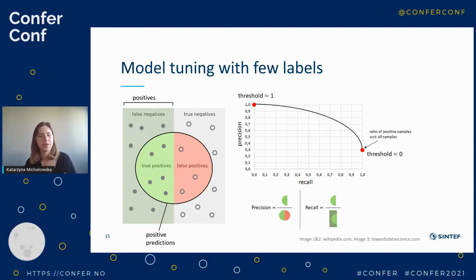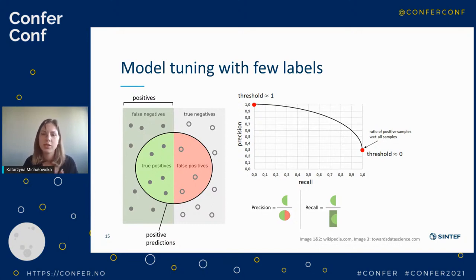Here we use the traditional measures that are typically used in classification. So precision, it is a measure of how many true detections. Here, the true positives are in this circle.